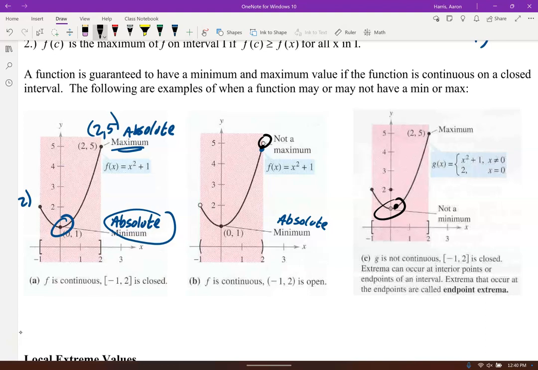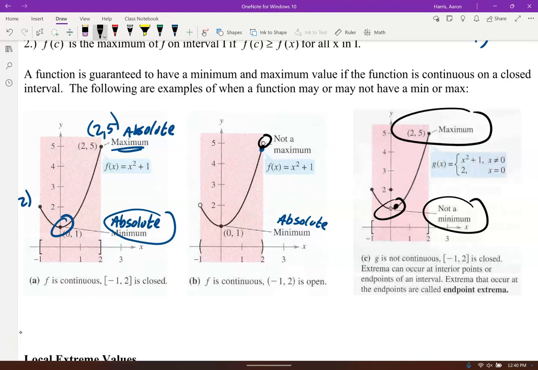I can get a little closer to 1: 1.01, a little closer, 1.001, a little closer. Again, I never get lowest because it's not defined there. It's open. I can always get a little lower, but never lowest. Does that make sense? So that's why you do not have a minimum.